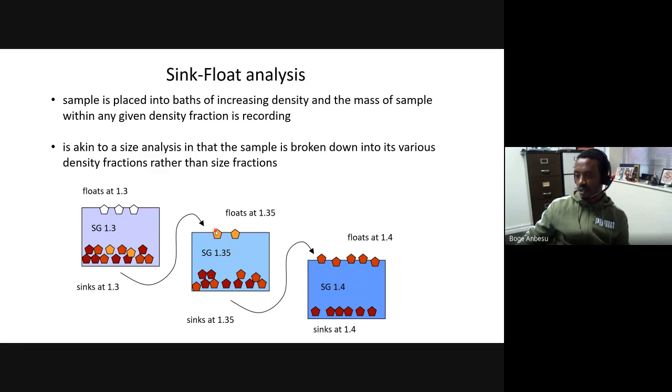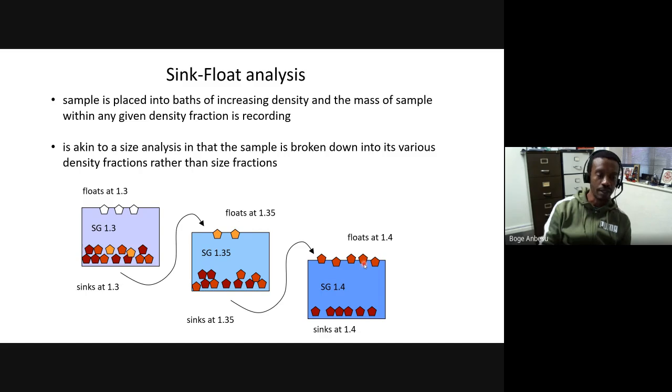Whatever floats here, I collect it, dry it and analyze for ash content. Whatever sinks here, I take and put in a higher media, 1.4. Whatever sinks must be denser than 1.4. Whatever floats here, I can take, dry it, weigh it, and then analyze for ash. So whatever I get in the floats is what's shown in that table.